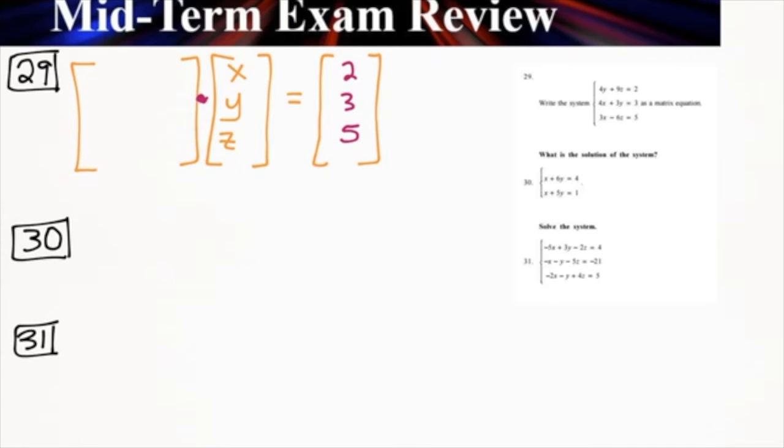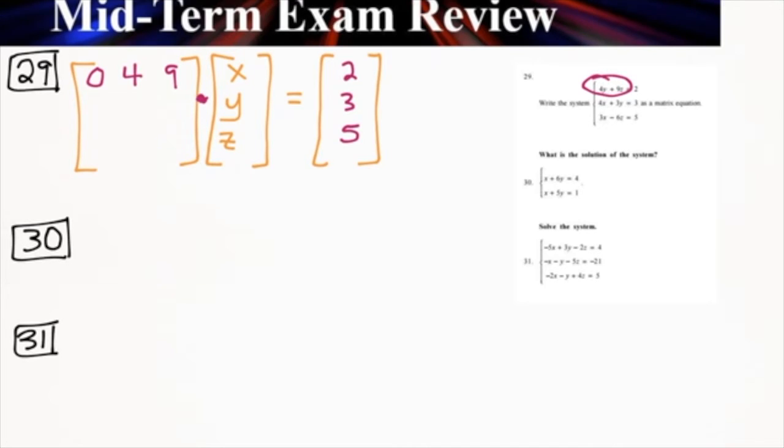But notice that some of the x's are missing, some of the z's are missing, things like that. If a variable is missing, you have to put in 0 for it. So the first row is 0, 4, and 9 for that first equation. So that's the one I'm talking about right there. Okay.